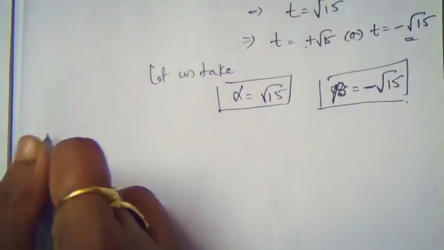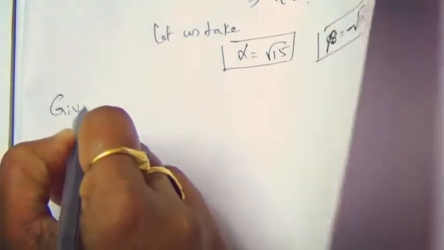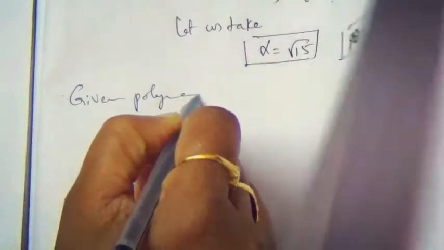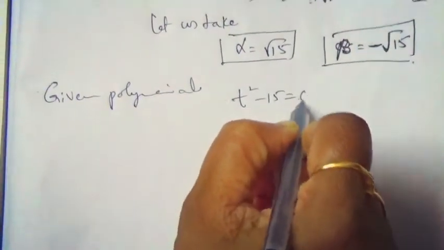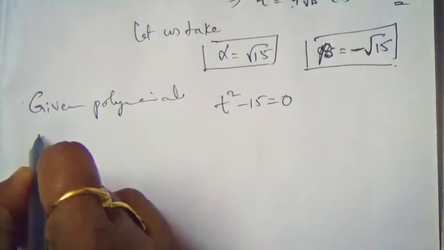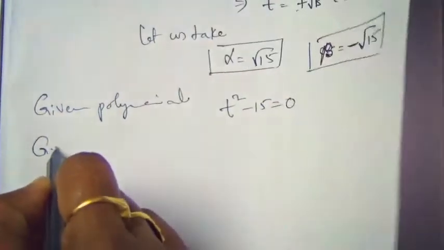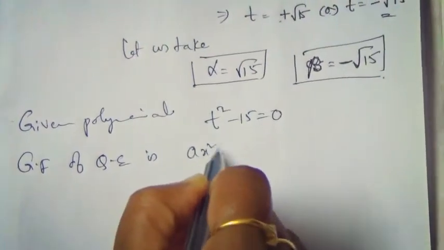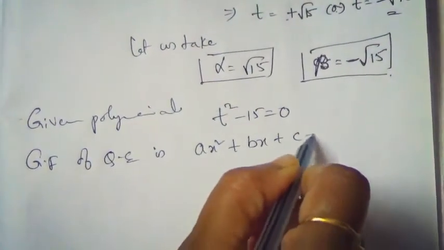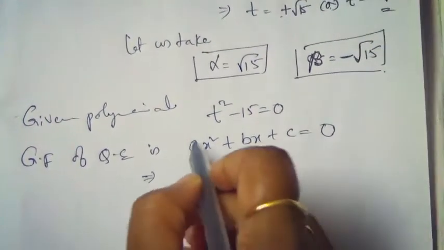Then the given polynomial t square minus 15 is equal to 0. You compare this with the general form of the quadratic equation, ax square plus bx plus c is equal to 0. We just compare these two.